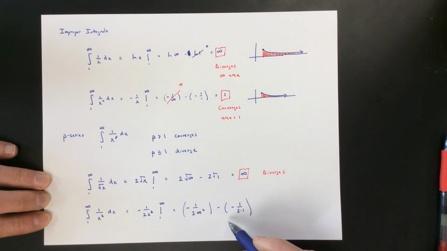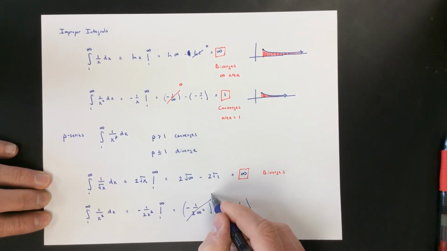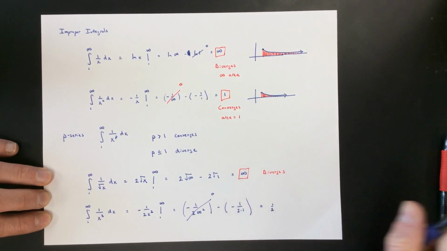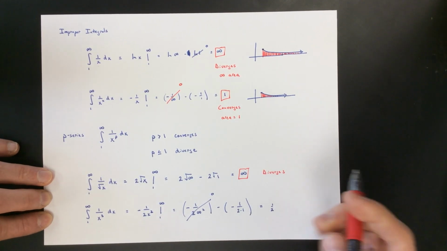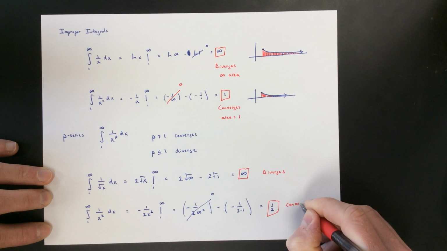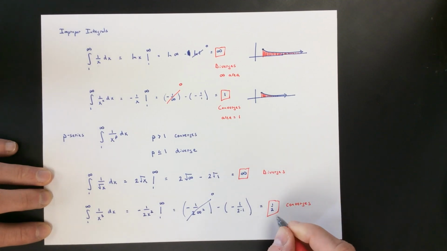Okay? This is 0, right? 1 over 2 times infinity squared is 0, and this is minus minus a half, and so this ends up being a half. So this has a finite area, which is what the word converges means for an integral. It converges to a half.